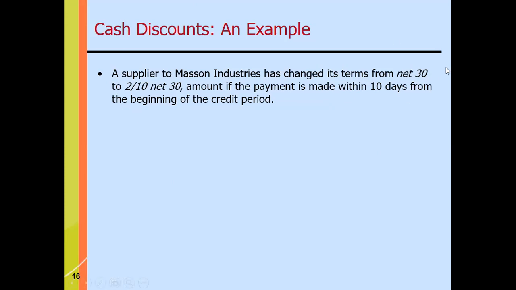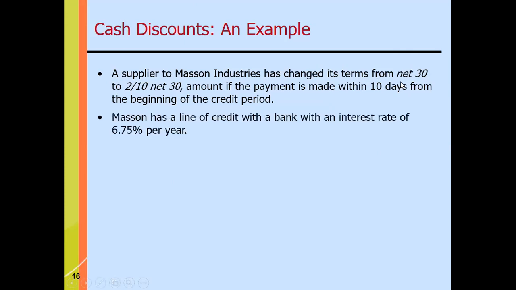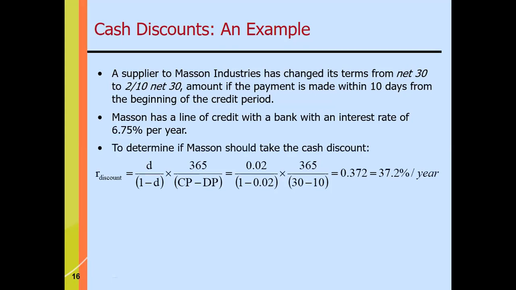Now, if just net 30, of course, no discount then. Mason has a line of credit with a bank with an interest rate of 6.75% per year. So if we avail of the discount, then we can borrow money from the bank. First, we have to compute the discount rate should we not pay within the discount period.